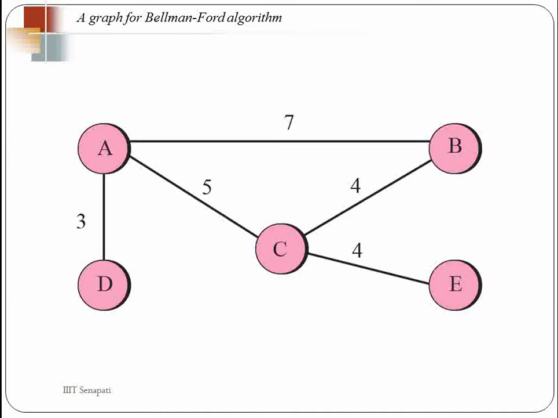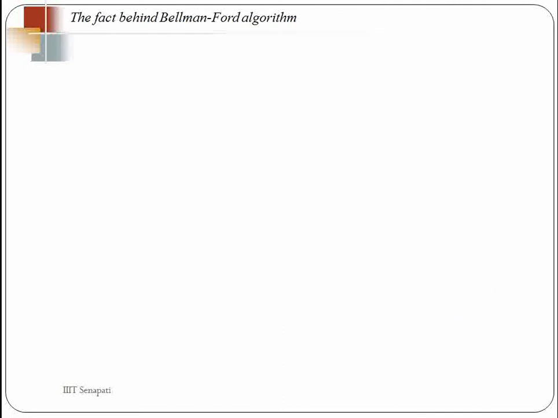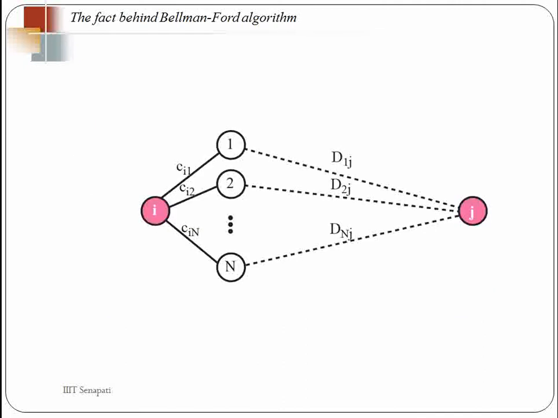one fact. Okay, see, if all the neighbors of node I know the shortest distance to node J, let me see here, this is I and this is J. So from I to J you want to find the route.